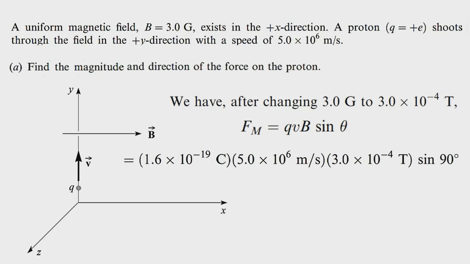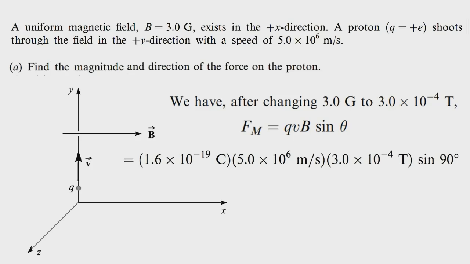q is the charge of the elementary particle, which is 1.6 times 10 to the minus 19 coulomb, multiplied by the velocity, which is 5.0 times 10 to the positive 6 meters per second, multiplied by the magnetic field, which is 3.0 times 10 to the minus 4 Tesla, times sine of the angle between the direction of the velocity of the charge and the magnetic field line, which is 90 degrees.